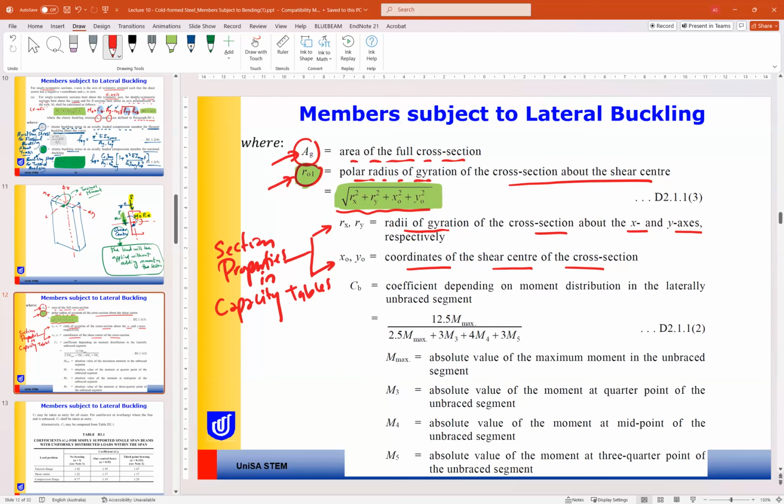Even RO1 itself is given in the table, but this is how the tables calculate this value. Okay, so this is for RO.